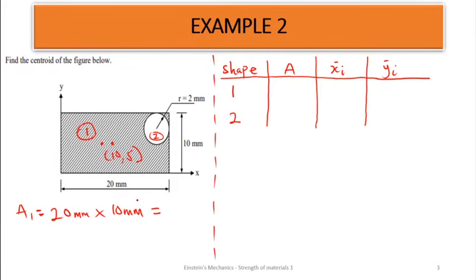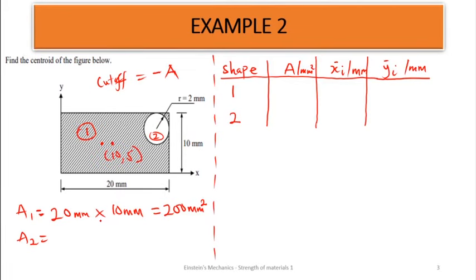For the area, 200 millimeter square. So the area is in terms of millimeter square. The area 2, this is a cutout plane figure. Remember, any cutout figure is what? Negated. The area is negated, negative area, because we are cutting it out.